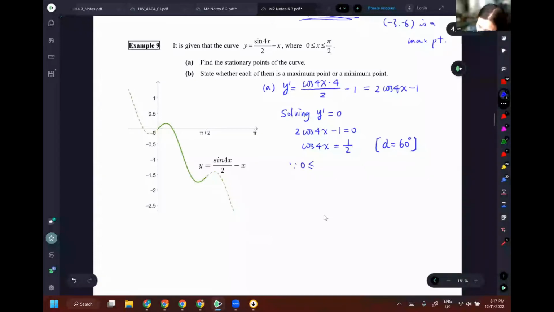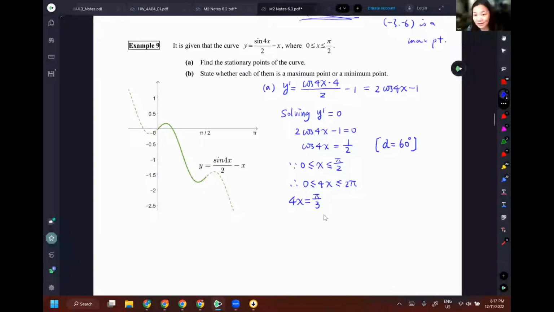Because 0 is smaller than or equal to x, smaller than or equal to pi over 2, therefore 0 is smaller than or equal to 4x, smaller than or equal to 2 pi. You will find the range first. And inside this range, you will find a few angles that satisfy this equation. In this case, you will get 4x equals the first angle, pi over 3, that is equal to 60 degrees.